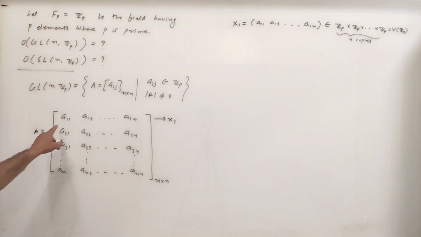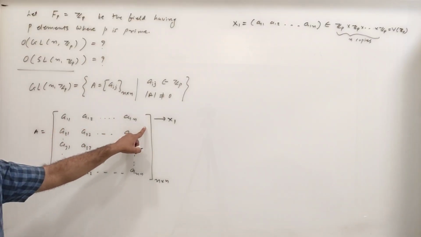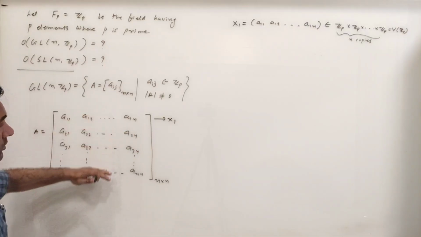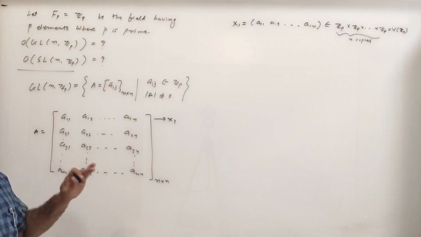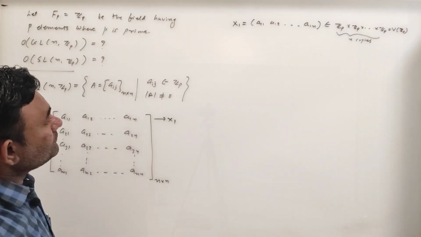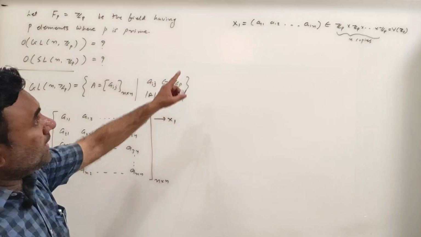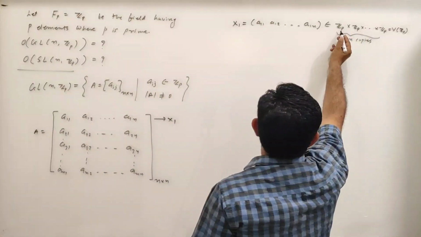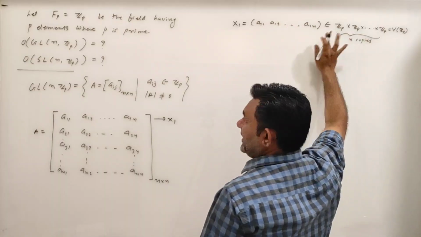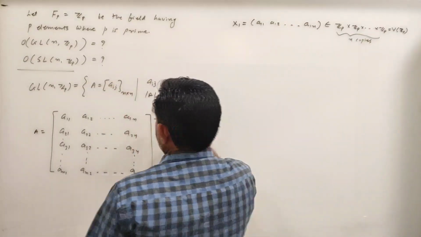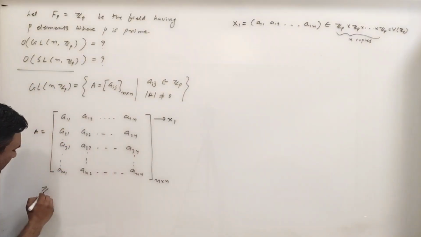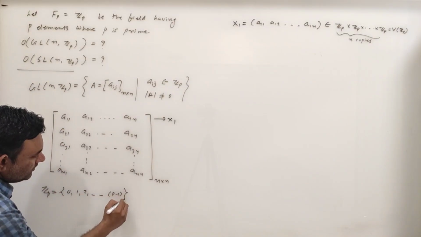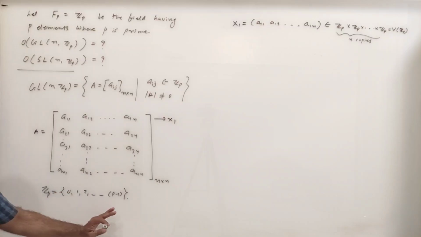Now how many ways can I choose x1? Keep in mind that I will choose every row so that all the rows become linearly independent. So a11 is coming from Zp, and Zp is 0, 1, 2 up to p minus 1, so it has p elements.